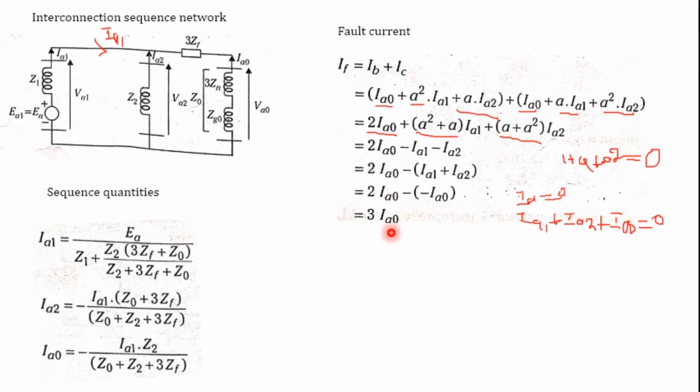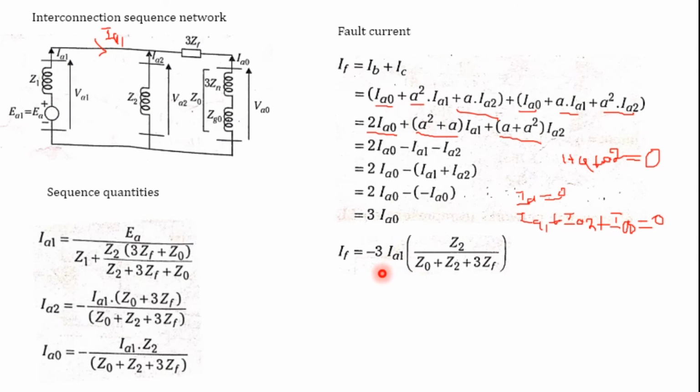So that's what we have derived, substituting the value of Ib plus Ic, which can be written as 3 times Ia0. So If is equal to 3 times Ia0. What is Ia0? Ia0 is equal to minus Ia1 Z2 divided by Z0 plus Z2 plus 3ZF.